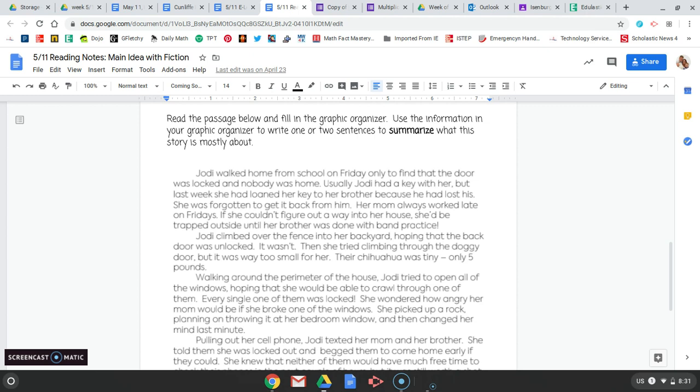So that's the key to summarizing. You cannot have all of the details in the story. So practicing summaries really helps our brain to focus on just the most important information. And that's what the main idea is all about. It's the most important parts of the story, what the story was about most of the time.